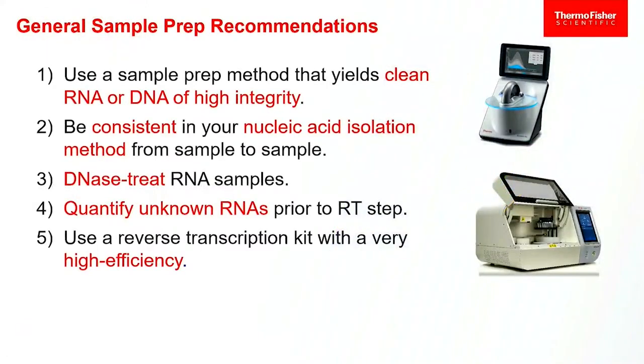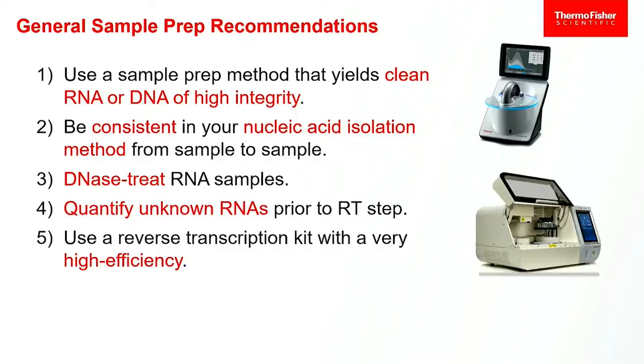When we are working with qPCR, PCR, RT-qPCR, we want to make sure that our DNA and RNA is of high quality and clean. One metric that we can use is an A260/A280 evaluation on a NanoDrop.